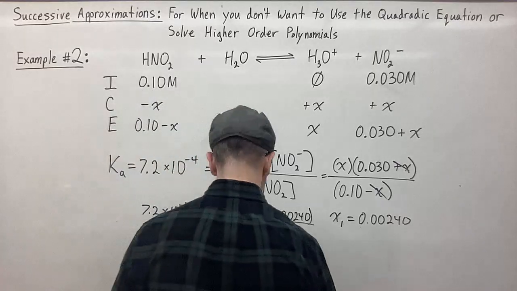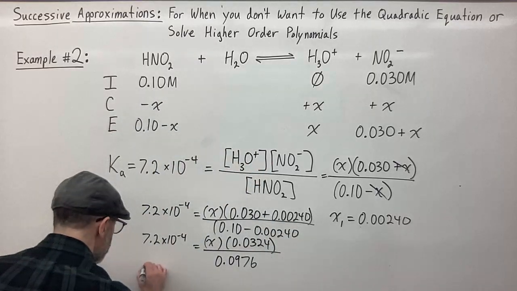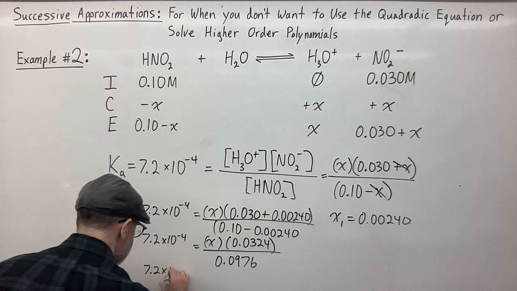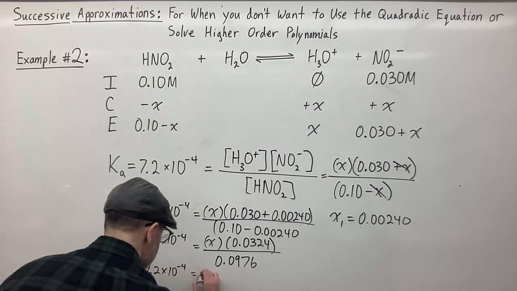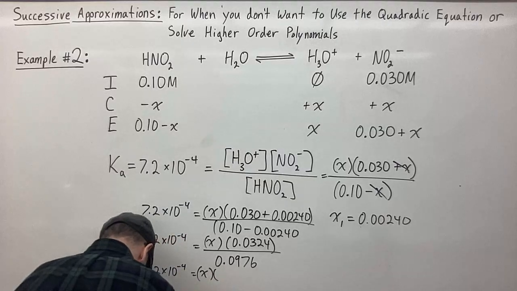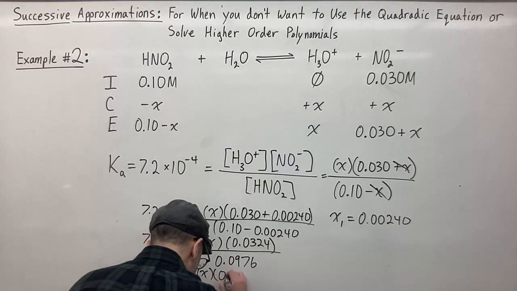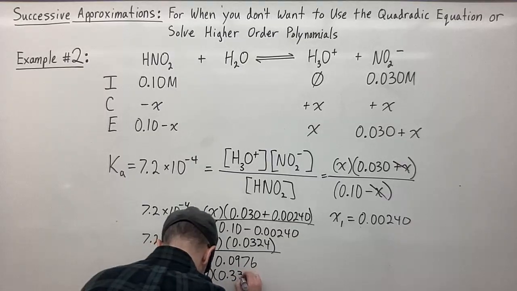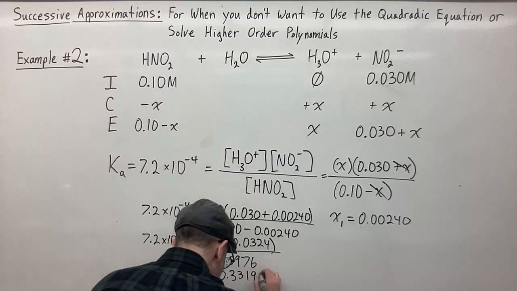and so now I get here 7.2 times 10 to the negative 4 is equal to x times 0.3319.